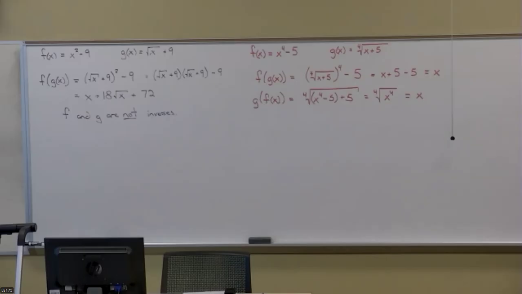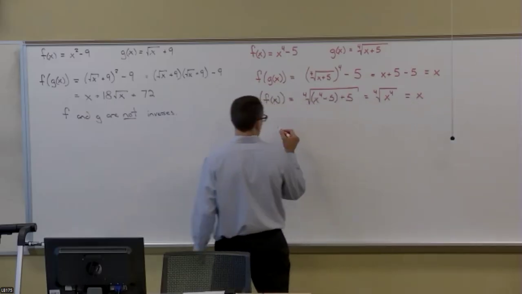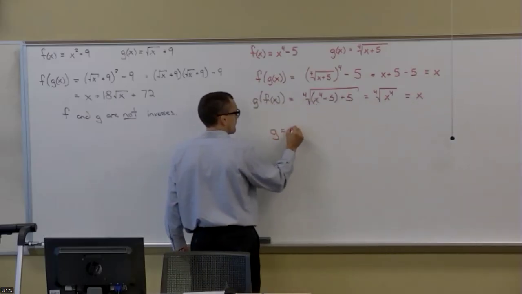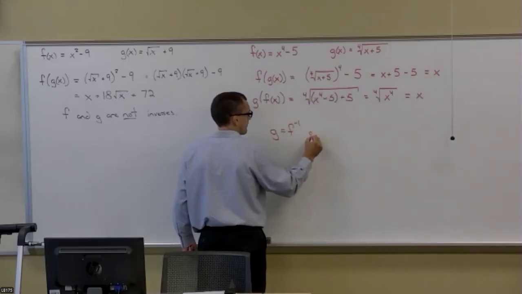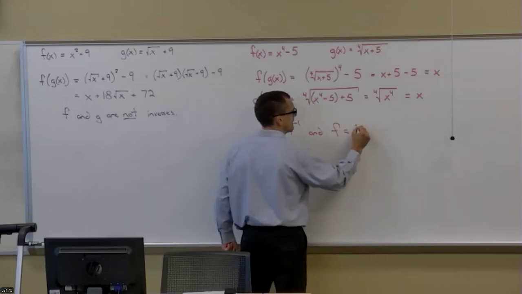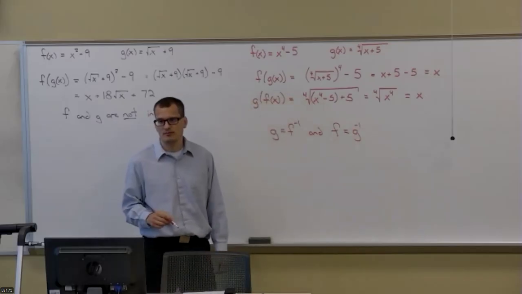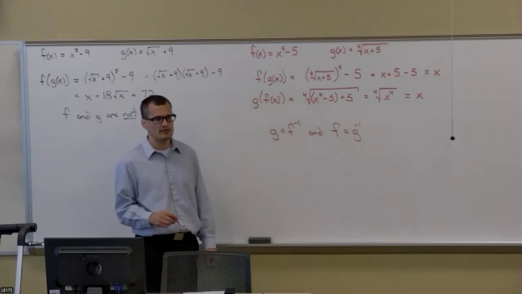On that one, x has to be 0 or above for that to work. And so f and g are inverses of each other on certain domains, on those restricted domains.